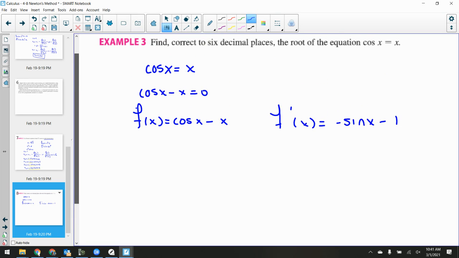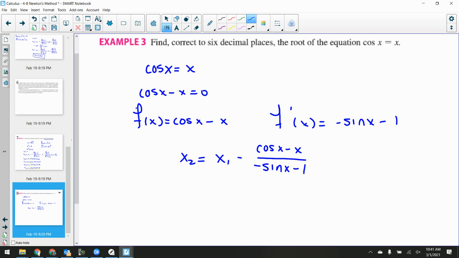Okay, so if I'm setting up my equation, x2 is going to be x1 minus cosine x minus x divided by negative sine x minus 1.